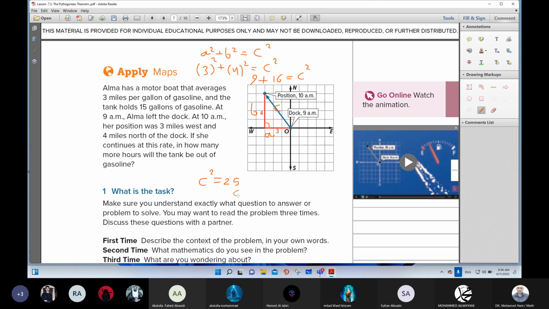Means C equals the square root of 25, which is negative and positive 5. So we can reject the negative value and take the positive value. So C equals 5.